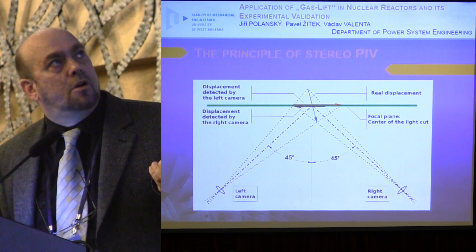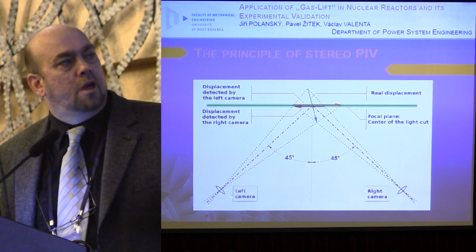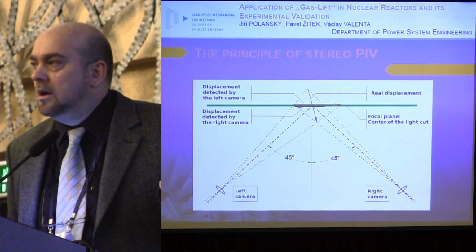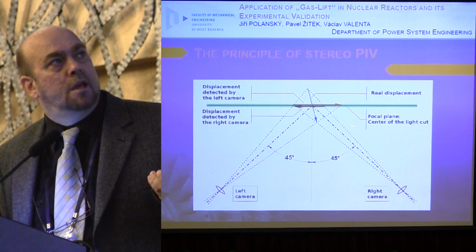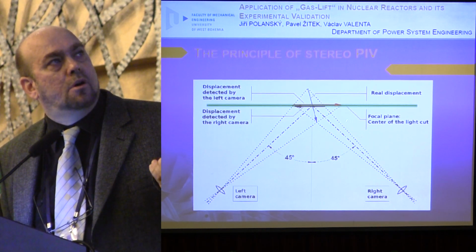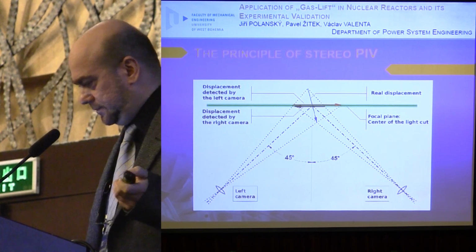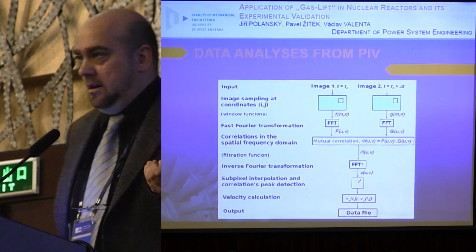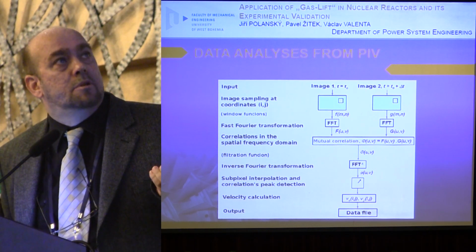There are several modifications of this optical method. One of them we call stereo PIV or 3D PIV. Using two cameras in different positions and a very complex calibration, we can obtain the information about all three components of the velocity. I mentioned the data analysis from particle image velocimetry.